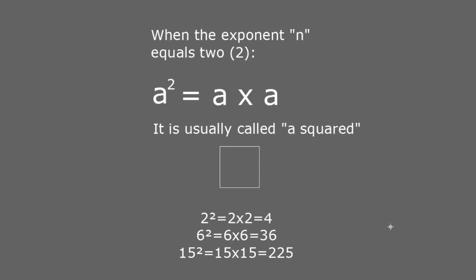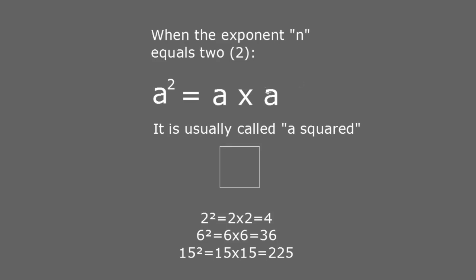Now, any base number raised to the power of 2, when the exponent equals 2, instead of saying, like I just said, 8 raised to the power of 2, what is commonly used is saying a squared. When you say any number squared, you're saying multiplying that number by itself.